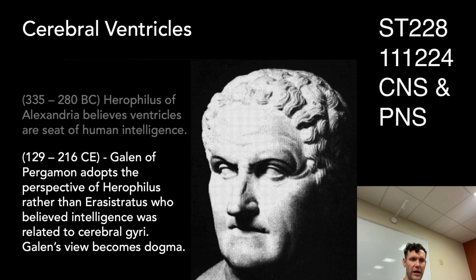Later, Galen jumped on board with Herophilus rather than Erasistratus, who thought the intelligence was in the cerebral gyri. Unfortunately, Galen's view becomes dogma. So you'll remember, what did they think? They understood there was a connection between nerves and muscles, because when a nerve gets cut, a muscle doesn't work.